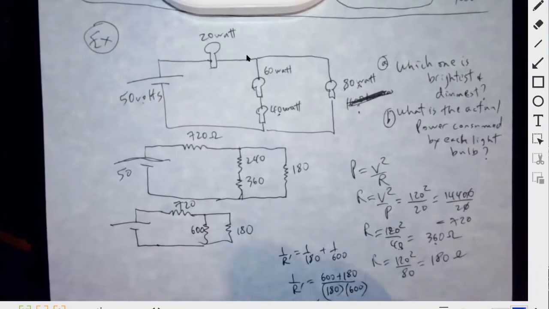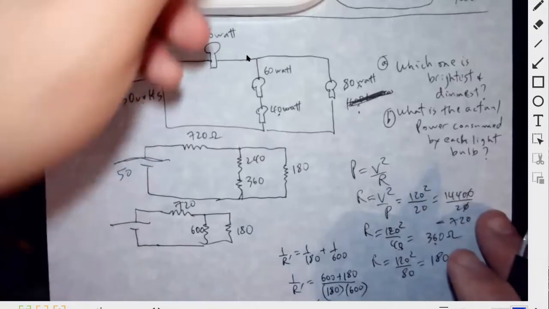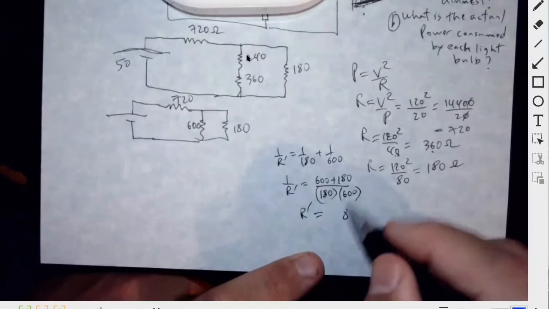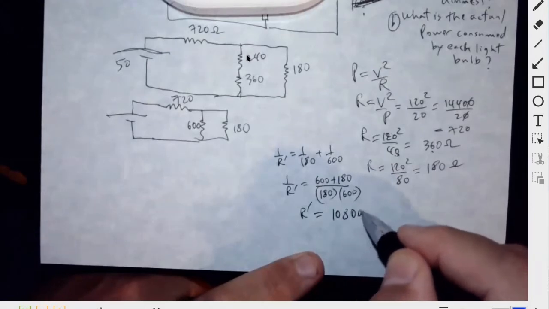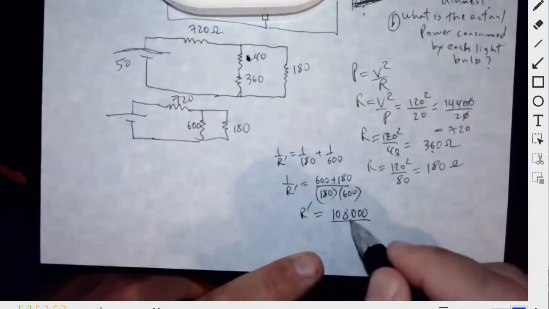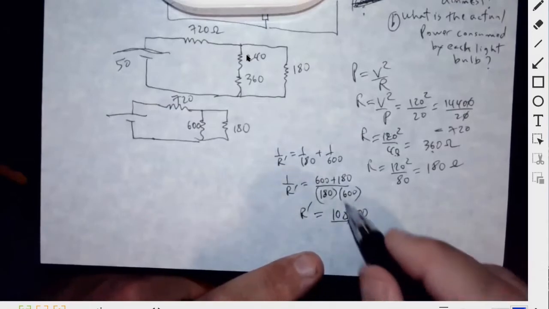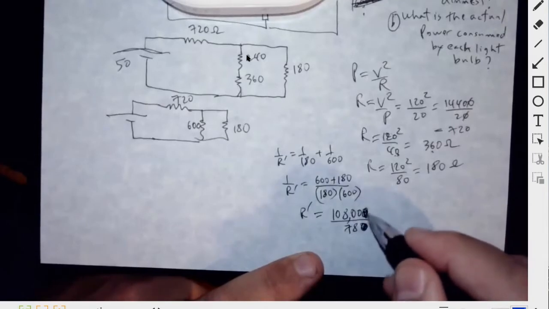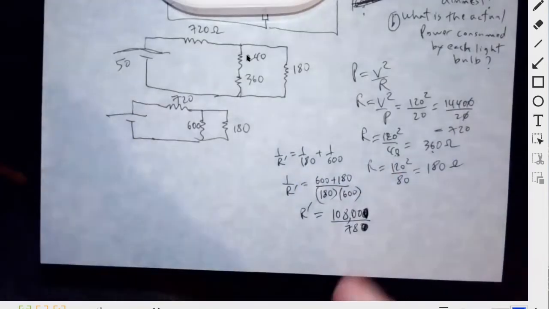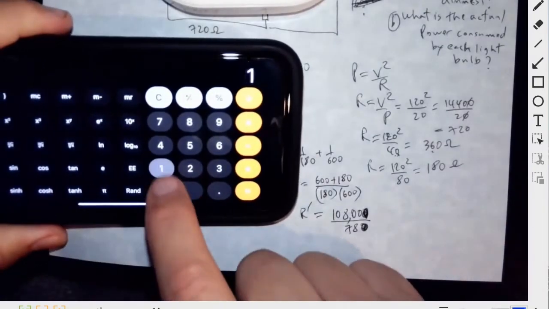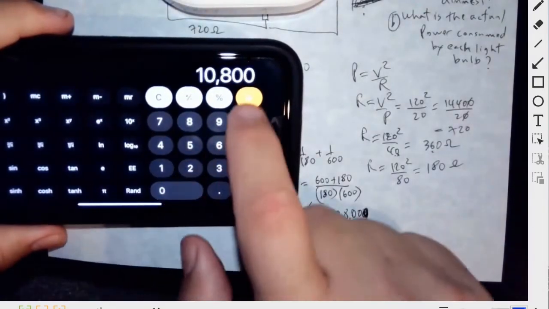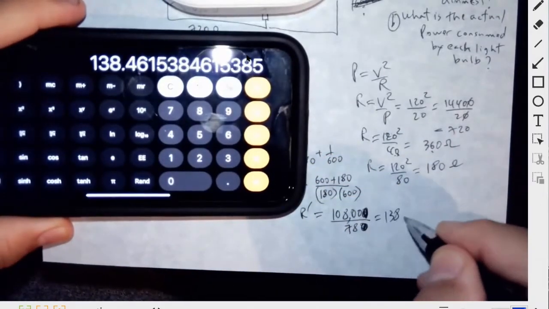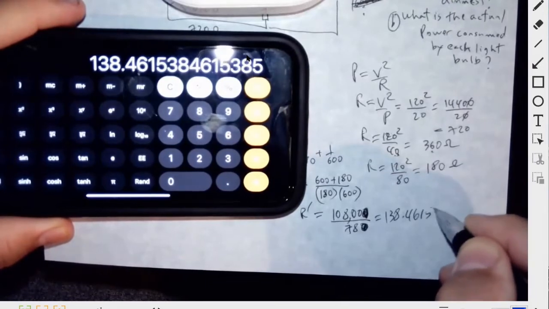R prime is going to be 108,000 divided by 780, and the last zero cancels. So 10,800 divided by 78 is 138.461538 ohms.